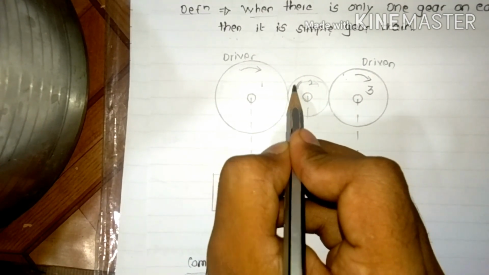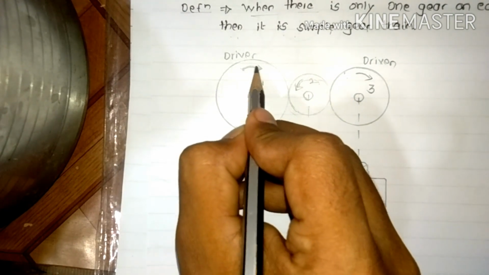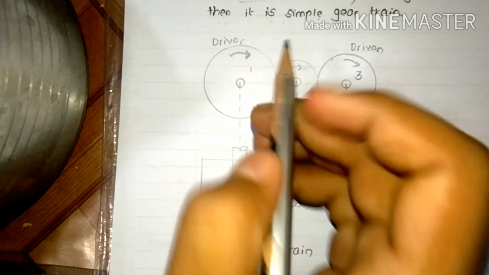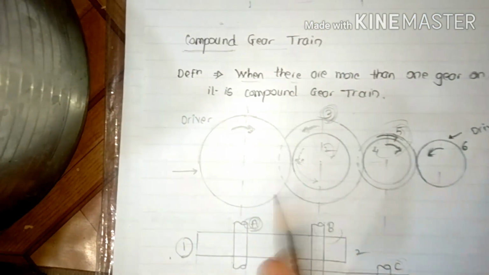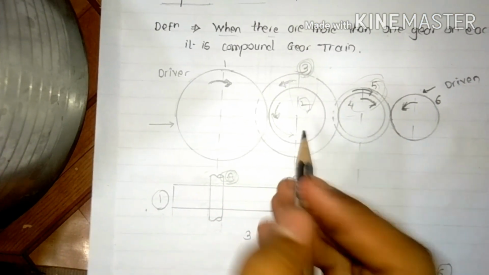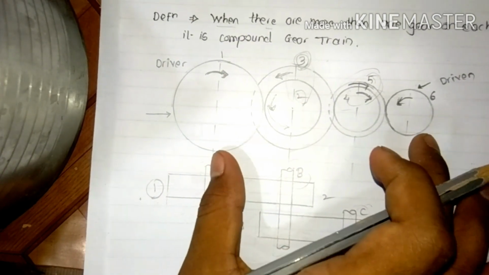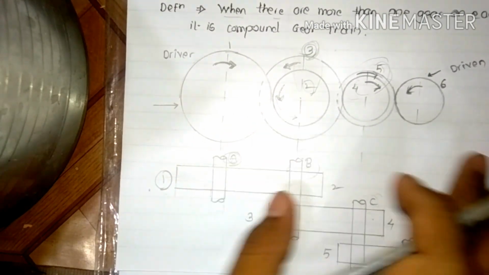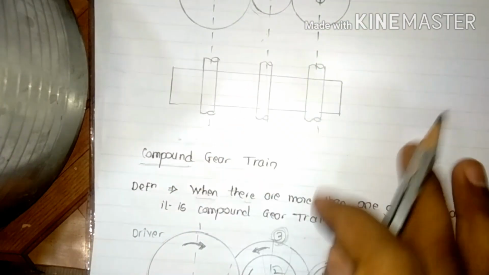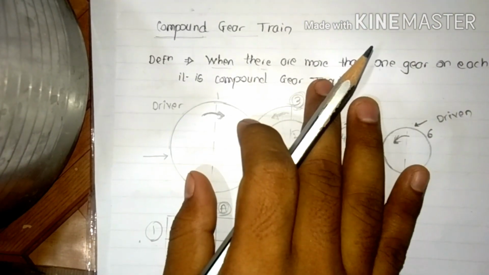So to reduce this procedure, we developed the compound gear train. Avoiding the bridging between the two gears or two shafts will automatically improve the efficiency. To avoid those intermediate gears, we developed this special type of gear train known as compound gear train.